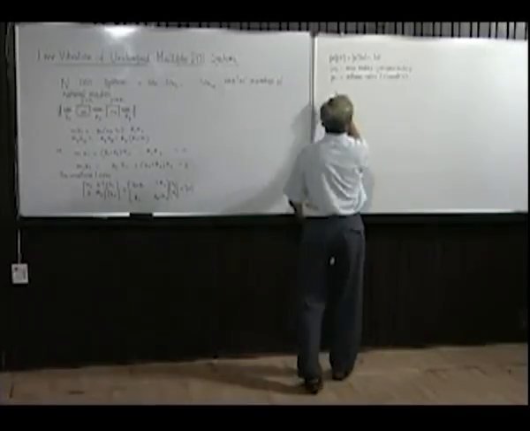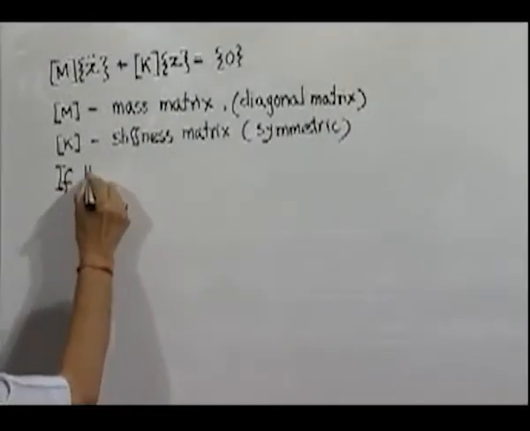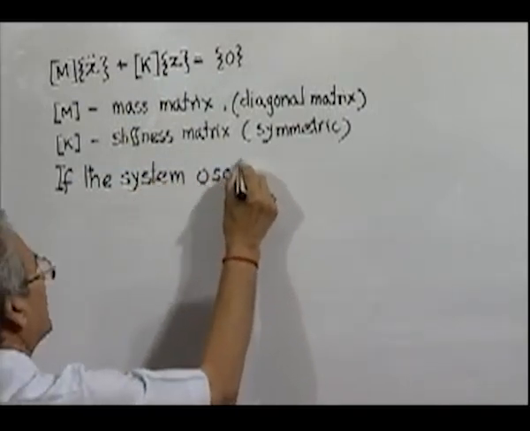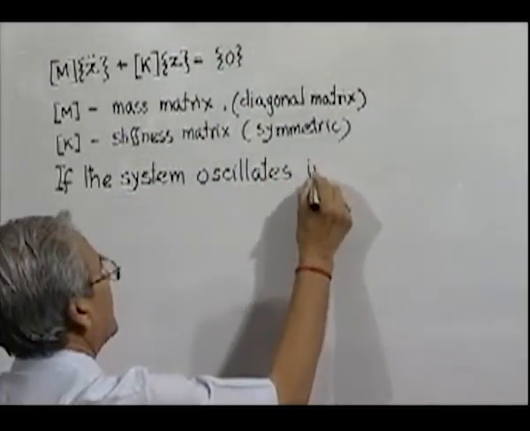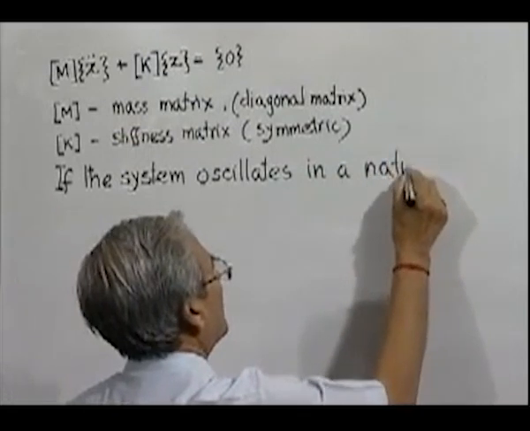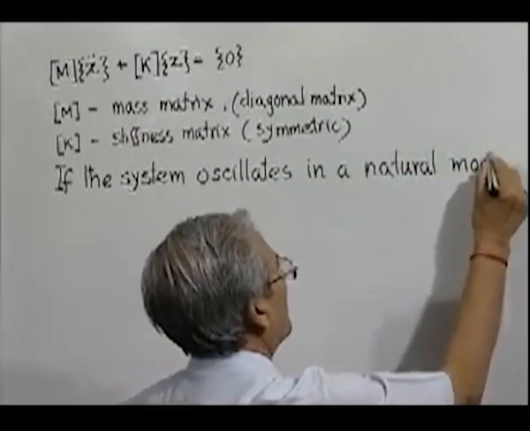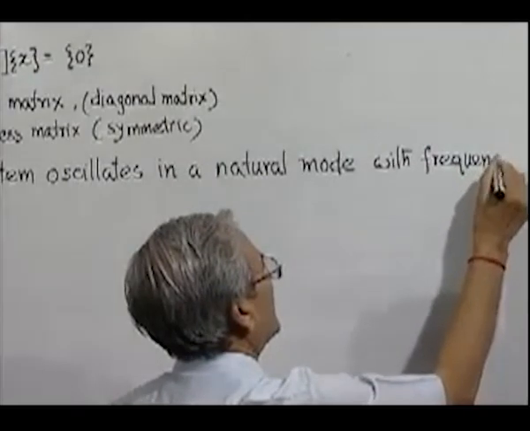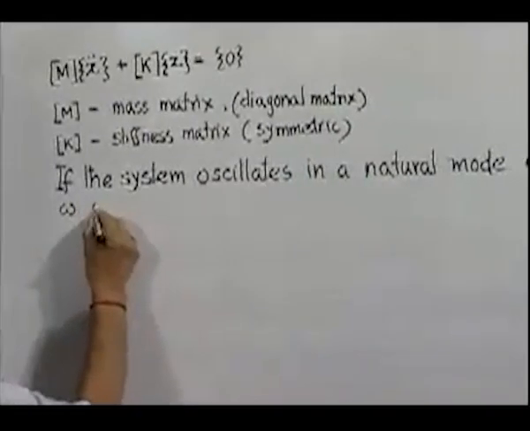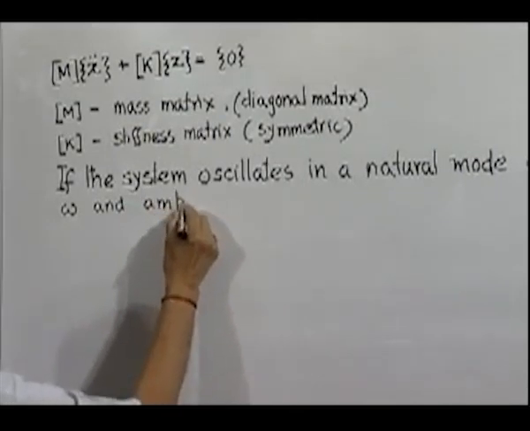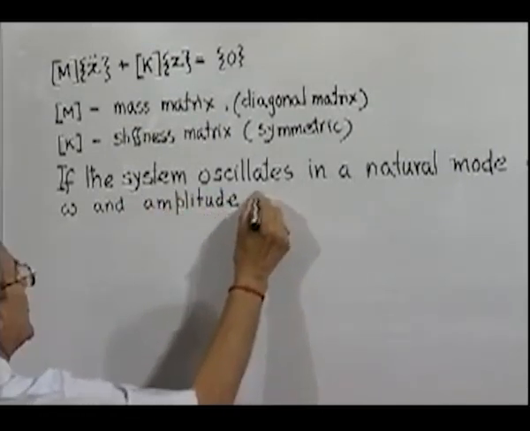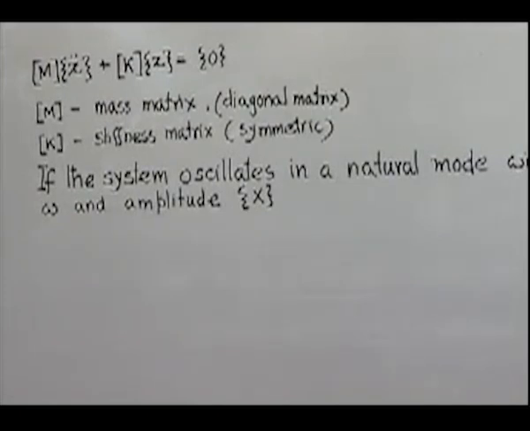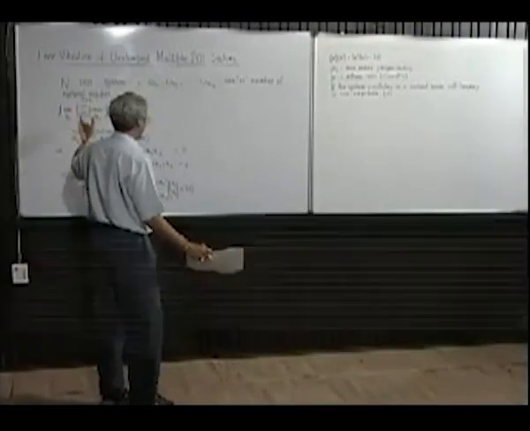Now, if the system oscillates in a natural mode with frequency omega and amplitude represented by a column matrix X, like capital X1, capital X2, capital X3, these are the amplitudes of the masses or the coordinates 1, 2, 3 and so on.